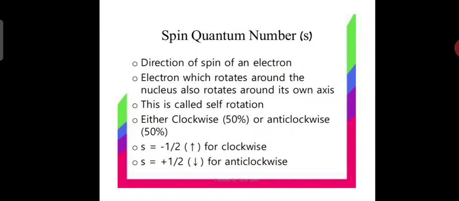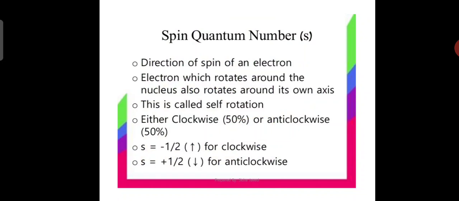Remember that even though the electron moves around the nucleus, it also spins on its own. It's like the Earth, right? The Earth revolves around the Sun, and while revolving around the Sun, it rotates. That's why we have day and night. The same logic applies to electrons. The electron spins on its own while it moves around the nucleus.